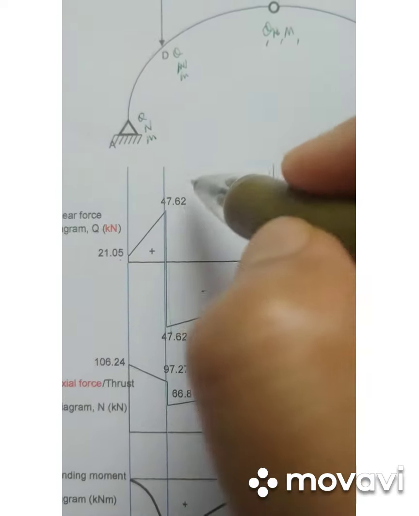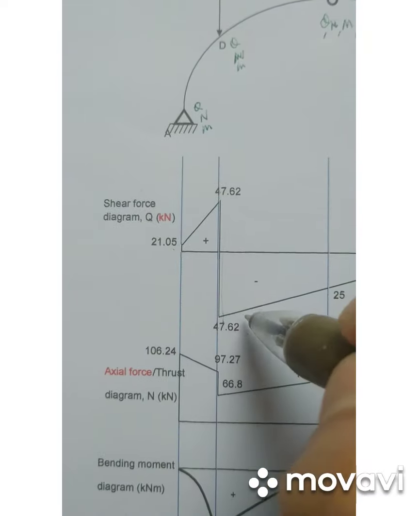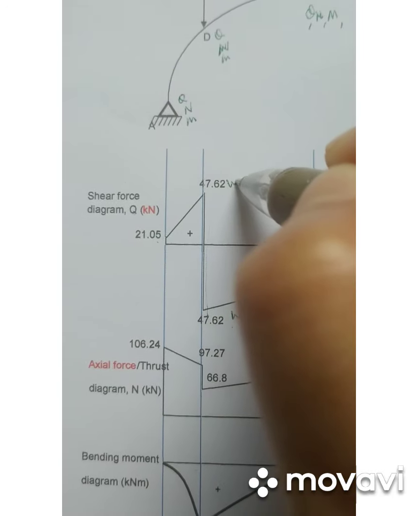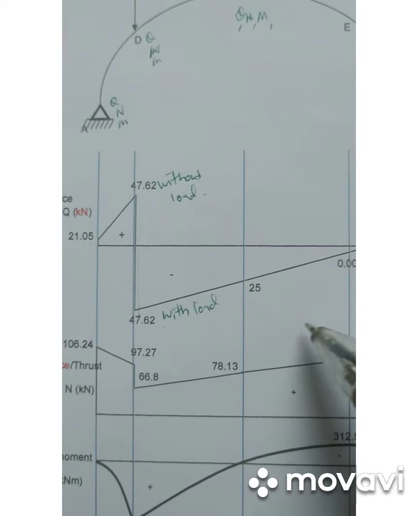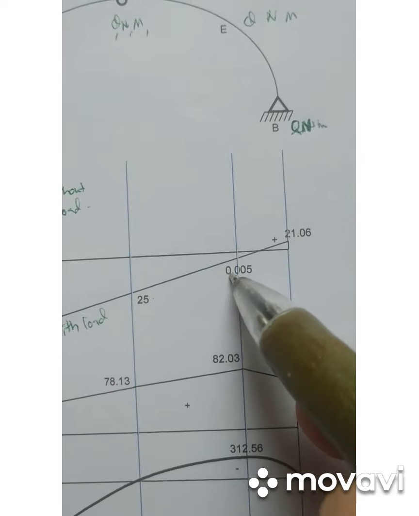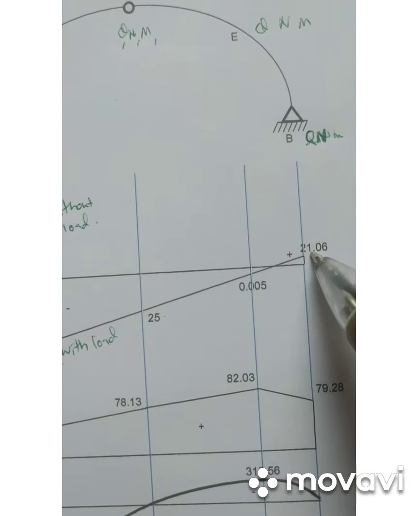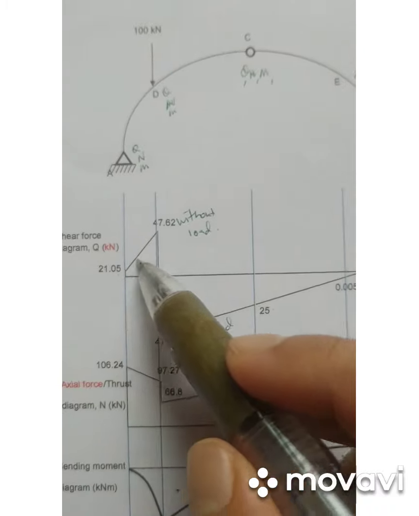This one is with load, this one is with load. This one is without load. And then you get negative 25, negative 0.005, and positive 21.06. So you sketch like this one.